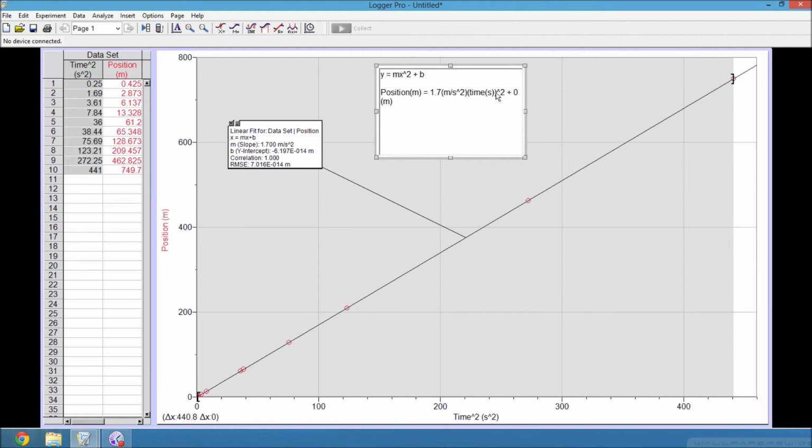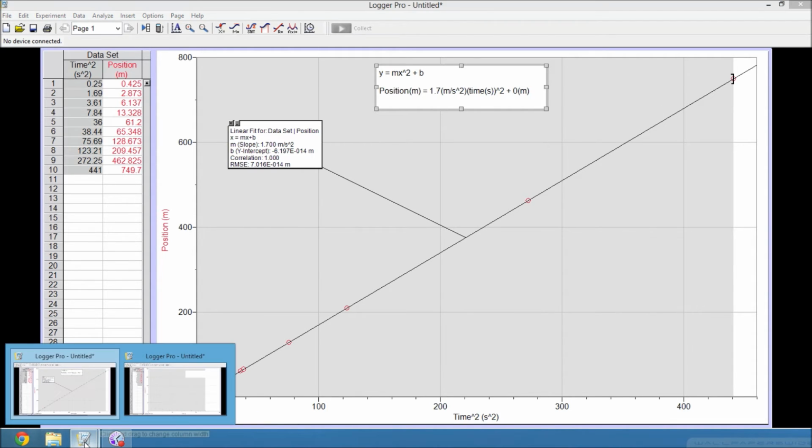Time, now I can go time squared, seconds squared, or I can just put parentheses around the whole thing and square it. And my y-intercept is basically 0. This means times 10 to the negative 14th. It's an incredibly small number, so 0 meters. And there you go. There's my linearized graph for what was a parabola to start.